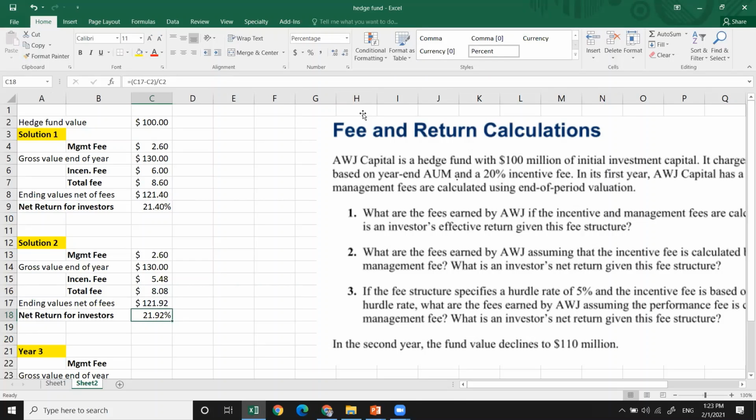Now, what kind of conclusion can you come up with for the investors? What would be your suggestion if, let's say, two options are given to them before calculating the return on investment? As a financial manager, you should come to the investor with a conclusion saying which conditions should be accepted: the one where the management fee is not considered in the incentive fee, or the one where the management fee is considered in the incentive fee.